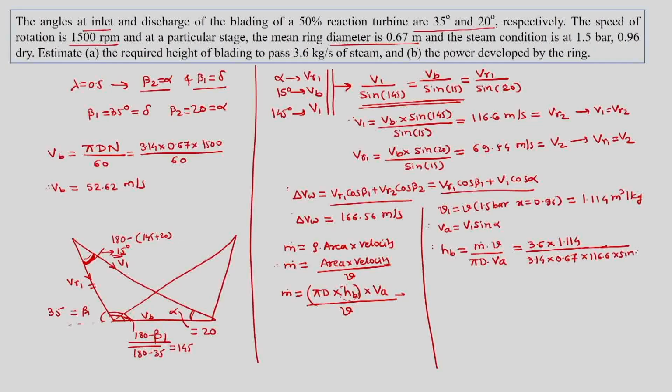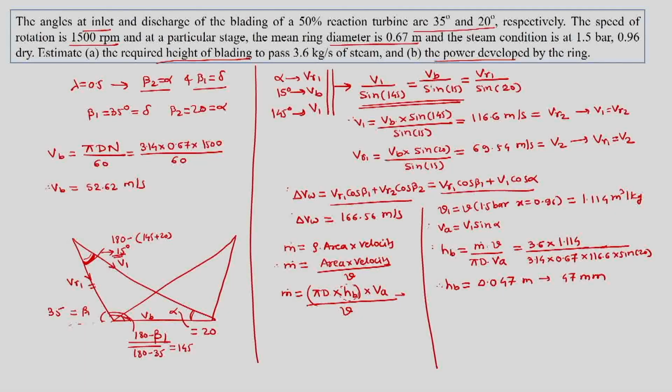into sine of 20, and this gives us HB, which is basically 0.047 meter, which is 47 mm. So this is how we can find out the first part, which is the height of the blade.